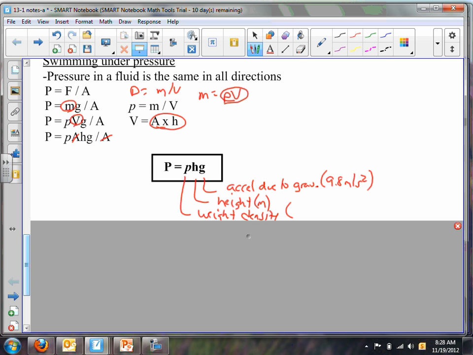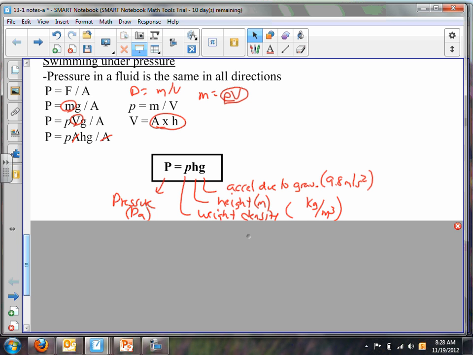in kilograms per meter cubed. And that would give you pressure in pascals. Notice the units for density are kilograms per cubic meter.